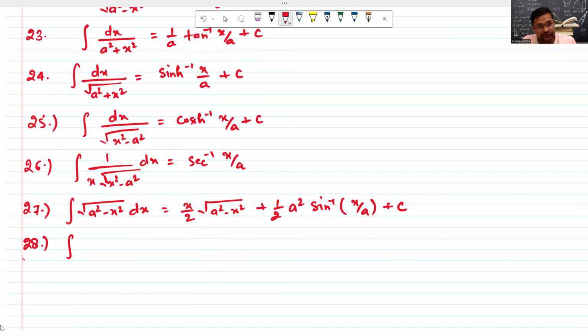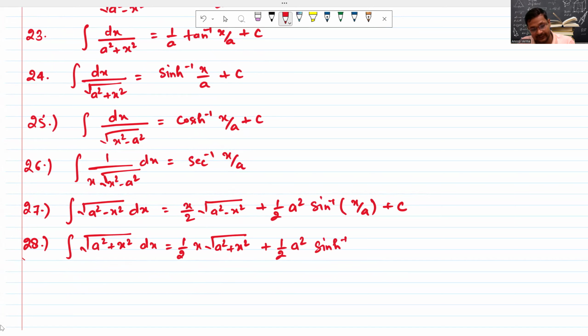The 28th: the integration of root of a square plus x square dx is equal to 1 by 2 x root of a square plus x square plus 1 by 2 a square sinh inverse of x upon a plus some constant c. This is also another way of writing this formula.